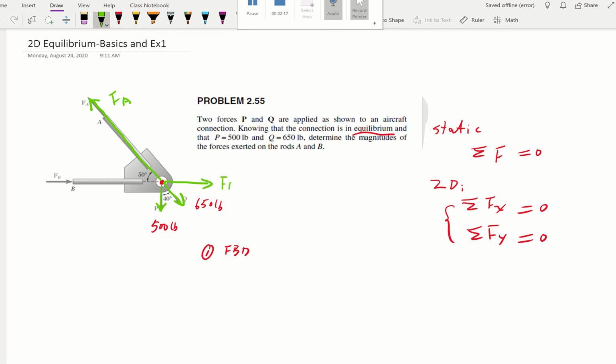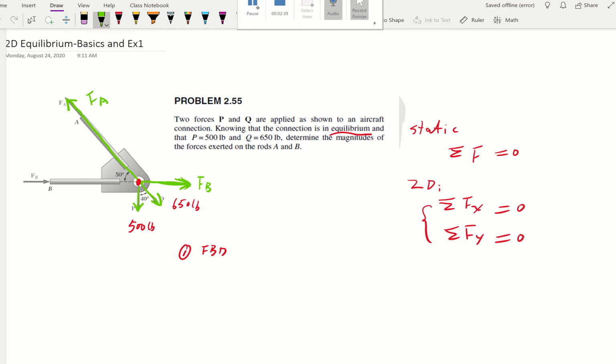I basically translate that FB to this point, and that's our FB. I didn't make any change. Why? Because FB is in the horizontal direction, and the magnitude of the force is determined by the length of this arrow, so I can do that.